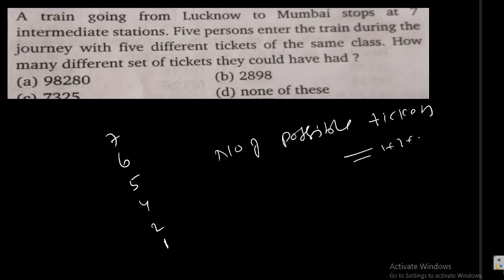Number of possible tickets equal to 1 plus 2 plus 1 up to 7, sum of first 7 natural numbers, 7 into 7 plus 1 by 2, that is equal to 28.